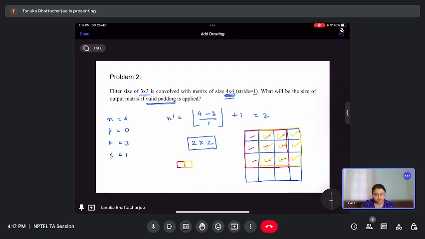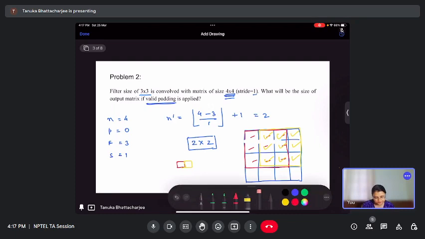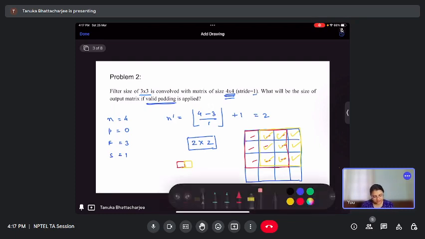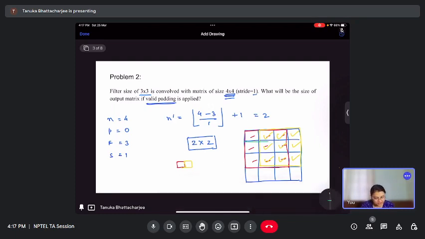Initially for the first layer, it was at the first 9 cells. So, now if you move it downwards by the stride amount, which is 1, next your filter will be placed here.